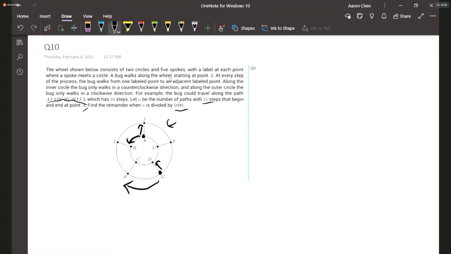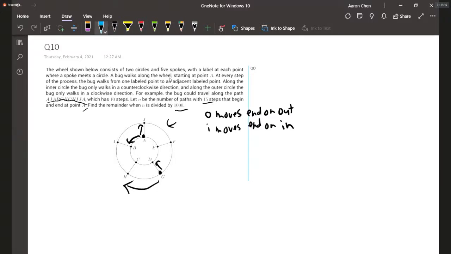So we can basically define two variables O and I such that there are O moves that end on the outside circle, and we let I be the number of moves that end on the inside circle.